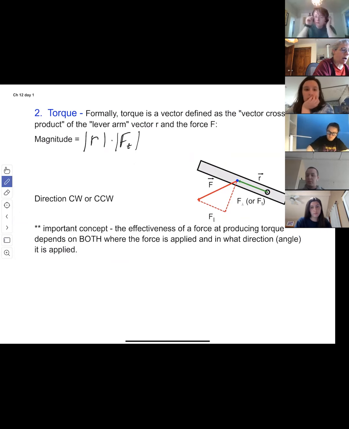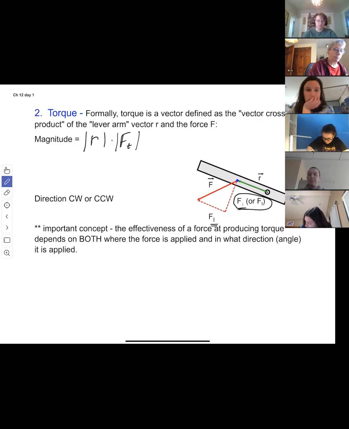And honestly, it's the same thing that we called F perpendicular in the past. But I get the same drawing over here. If I take that force vector and divide it into the force that's parallel to R and the force that's perpendicular to R, then it's really this perpendicular part that's doing all the torque.